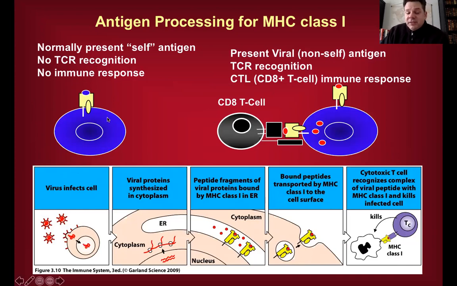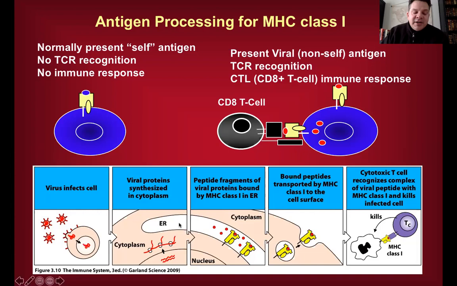Now, if this cell is infected by a virus, the virus takes over the cell machinery, all right? And a virus needs to use host machinery to make protein. So as the virus hijacks these systems and makes protein, some of this protein will end up being degraded through the natural cell processing systems.